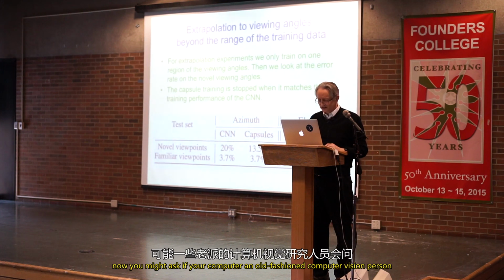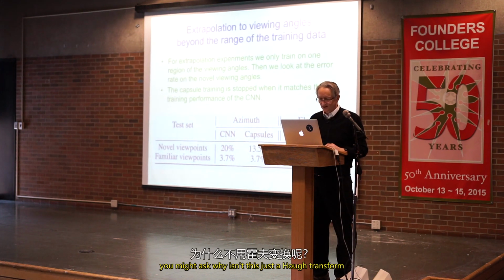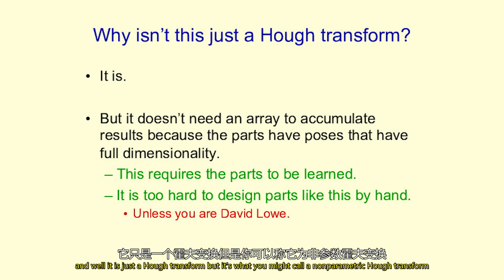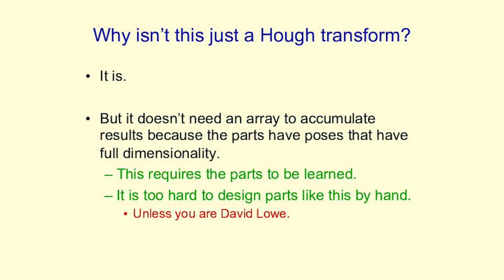Now, if you're an old-fashioned computer vision person, you might ask, why isn't this just a Hough transform? Because in computer vision they have Hough transforms for finding parts that are related. Well, it is just a Hough transform, but it's what you might call a non-parametric Hough transform.